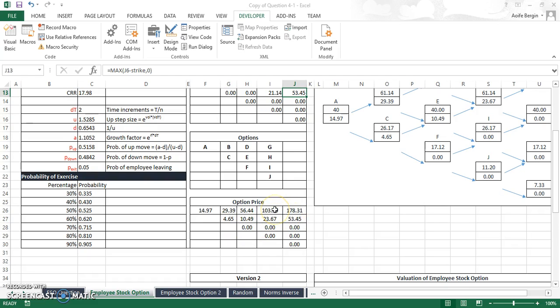So then we need to calculate these here, which is slightly different to what we've done before. So we do this by using this formula here.